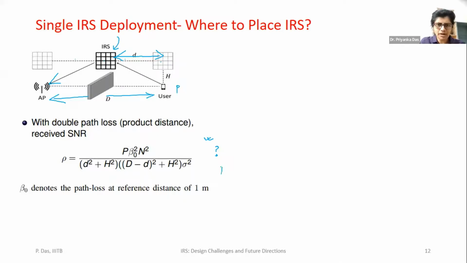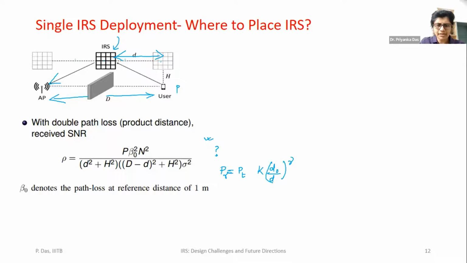If you remember your wireless communication course, your received power is transmit power times some constant k into d naught by d whole to the power gamma. Okay, this is your model.